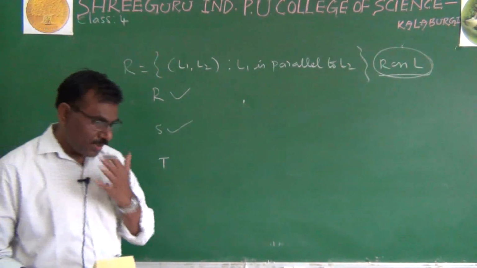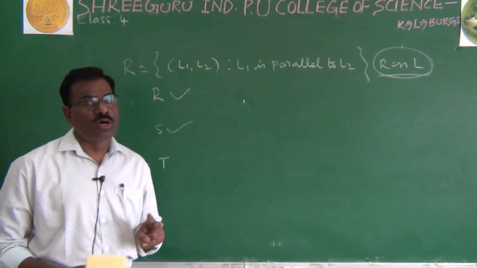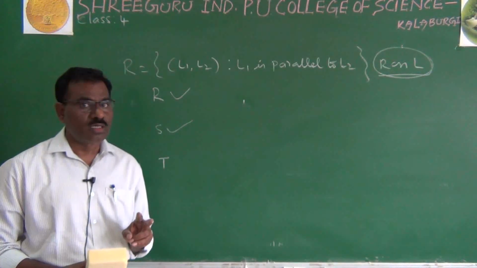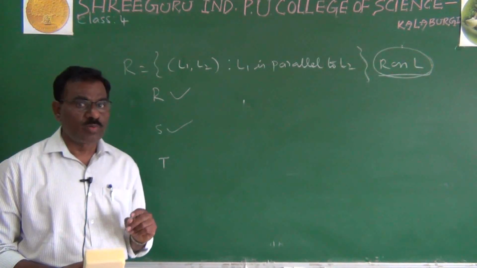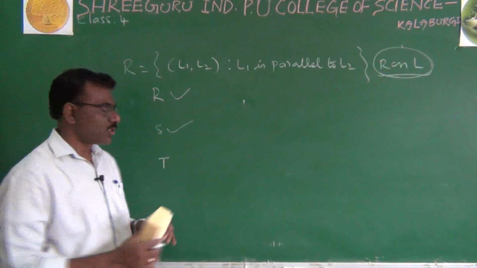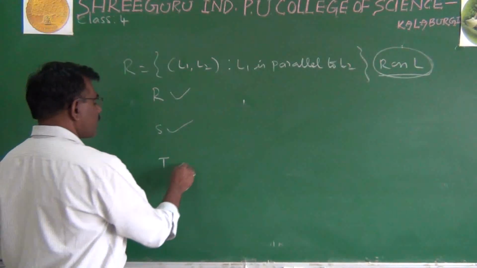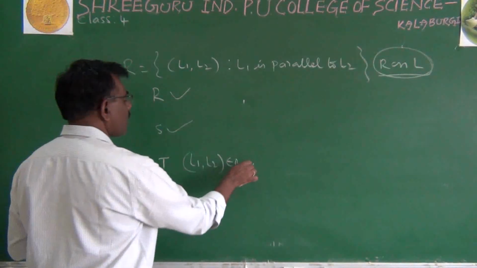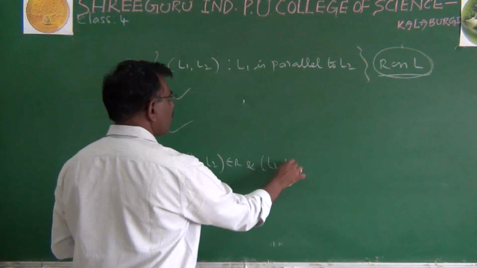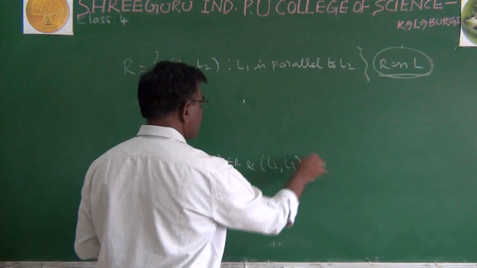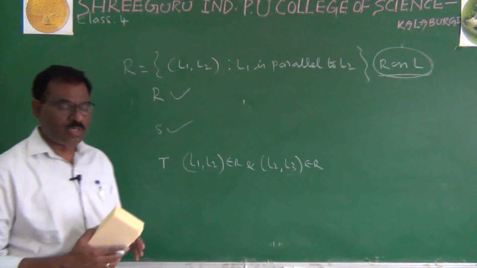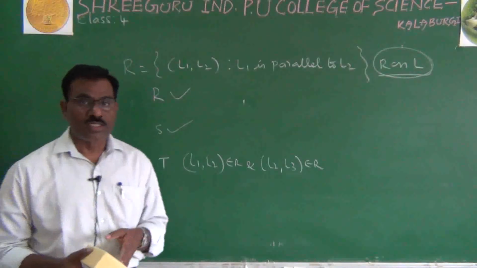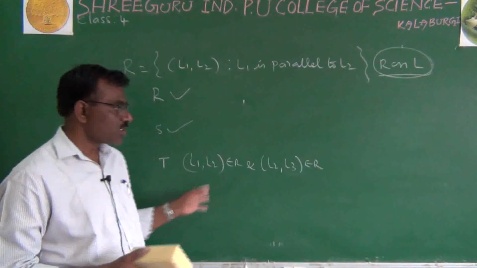Transitive: given two ordered pairs belonging to R. How many ordered pairs are given in R? Two. What are they? Let L1, L2 belong to R and L2, L3 belong to R. So these two pairs are given. L1, L2, L3 belong to capital L, the set of straight lines.